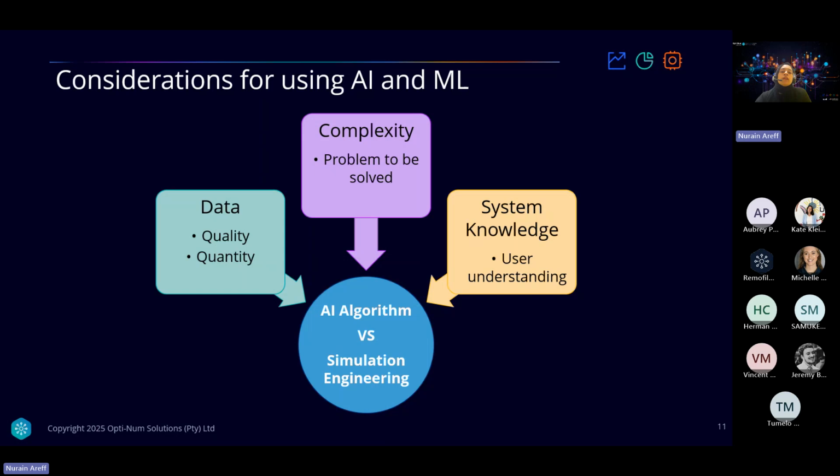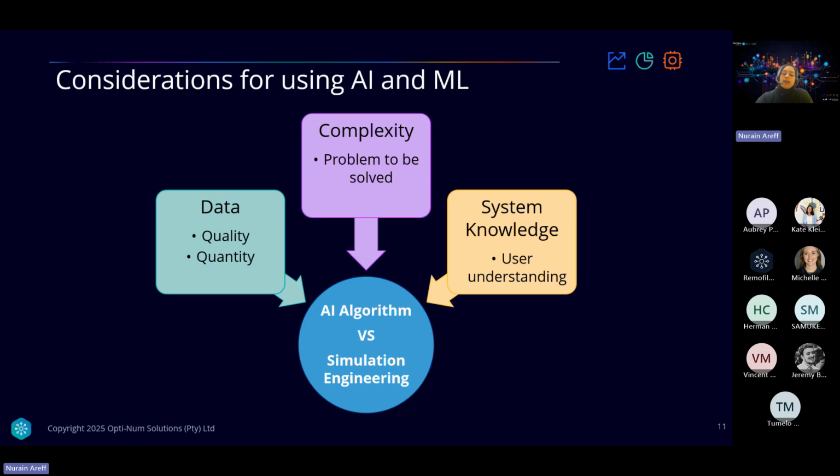Okay, so the considerations include, I'm going to be comparing using AI and machine learning versus simulation engineering. First we have to consider our data. When using machine learning or AI, we need a lot of data as well as quality data.